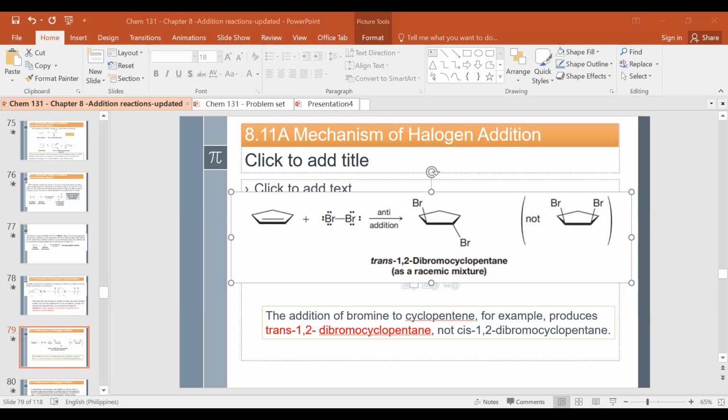Then the other will become positively charged, and you will actually have your product Br.